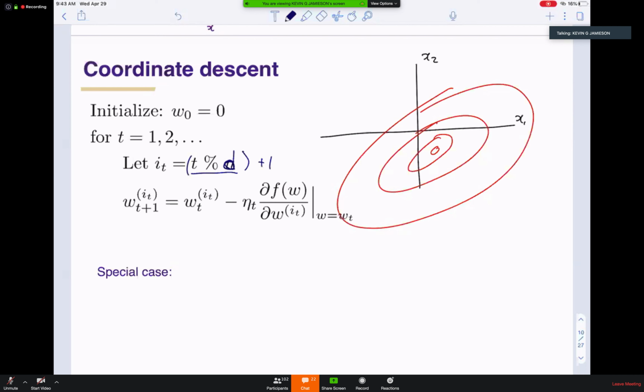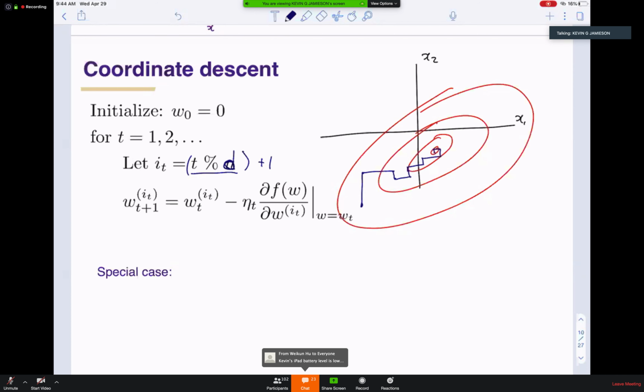And so it'd be on the first coordinate. If it was on iteration 31, 31 mod 2 is 1, plus 1 is 2. So it'd be on the second coordinate. And it's just looping through these. What it's doing is you're basically minimizing the function in this direction, and then you're going in the other direction, and then the other direction. But you're always going along these coordinate axes.